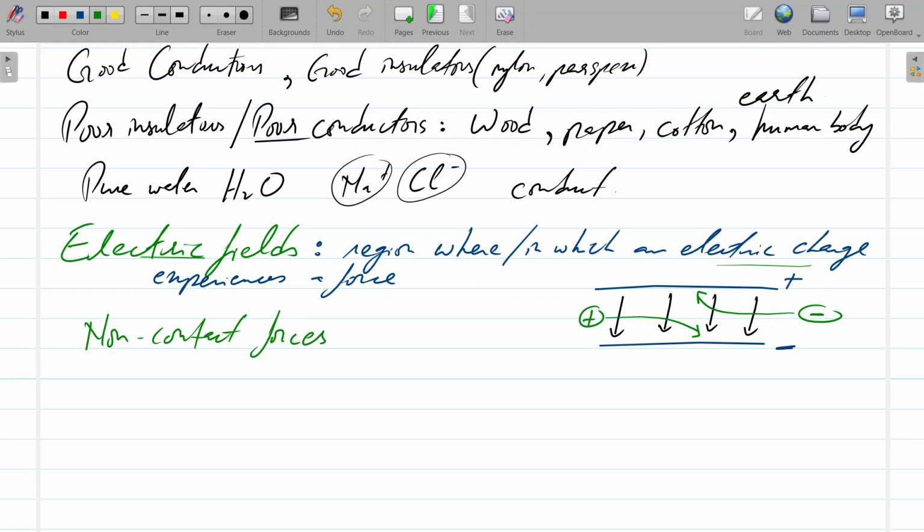Whereas pushing and pulling physically, like pushing a crate, or pushing a trolley at the supermarket, or pulling something, those are contact forces. Friction, air resistance, drag, those are all contact forces, because they need to touch to have an effect. Gravity, magnetism, electric fields, they don't need to touch. Clear?